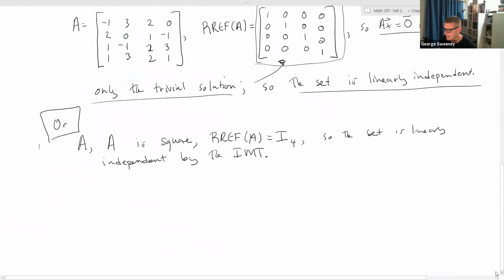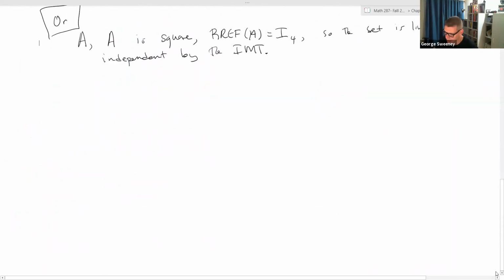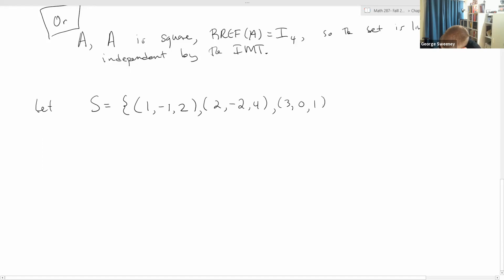Okay, let's try this one. Let S equal 1, -1, 2, 2, -2, 4, 3, 0, 1.